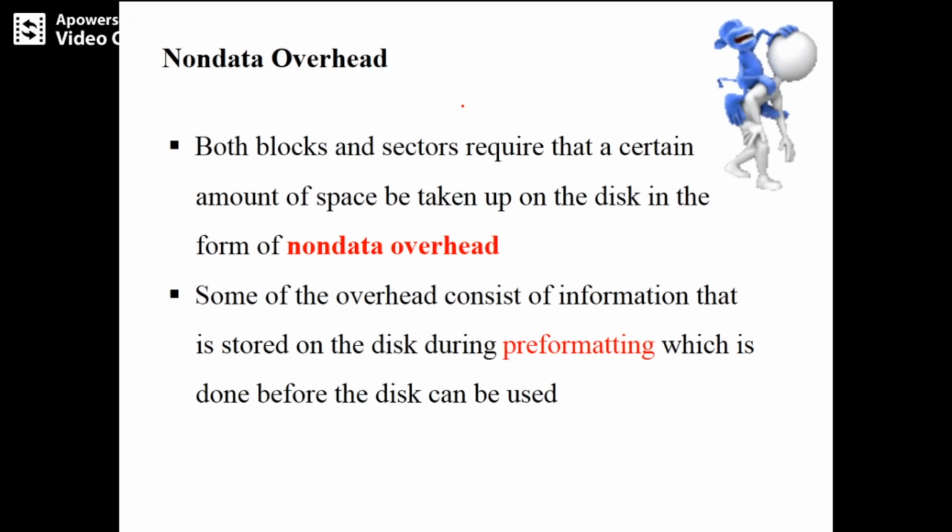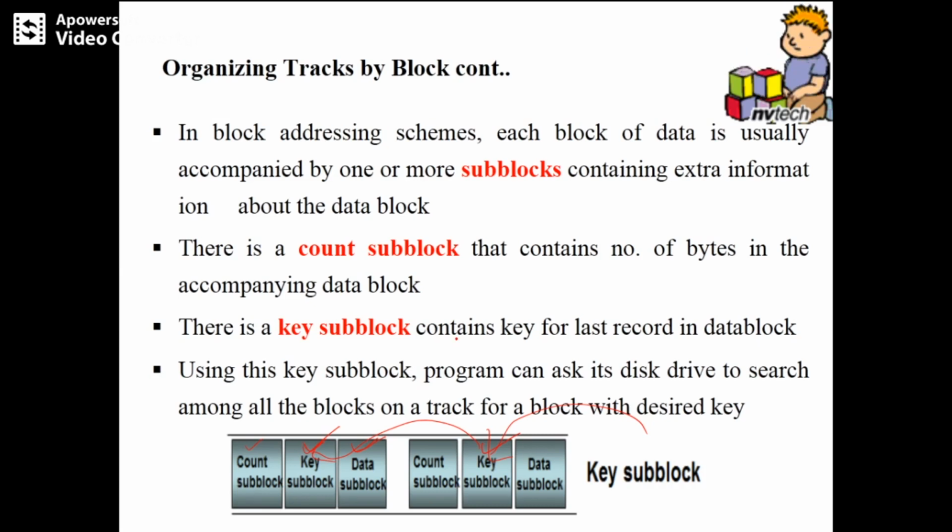If you consider the block, you will have a count subblock, a key subblock and a data subblock. The data subblock is the part which carries your data. These two are the subblocks where one carries the address and one carries the count of data. So these two are extra, not related to our data.